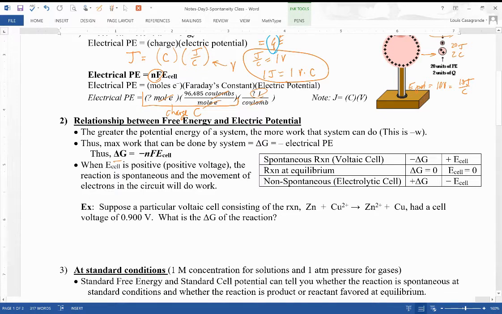And so the potential energy of that system, of that reaction, is essentially the work that's being done by the electrons as they go through the external circuit to light your lights or to power your devices. So this is negative W. This is the work.